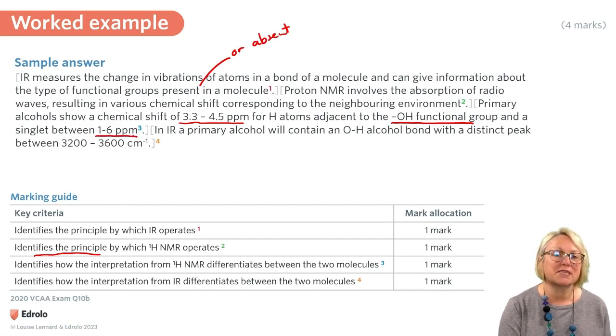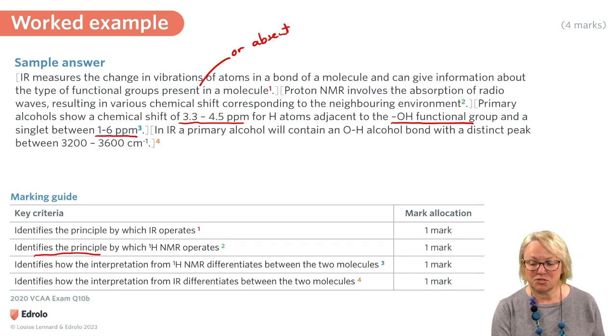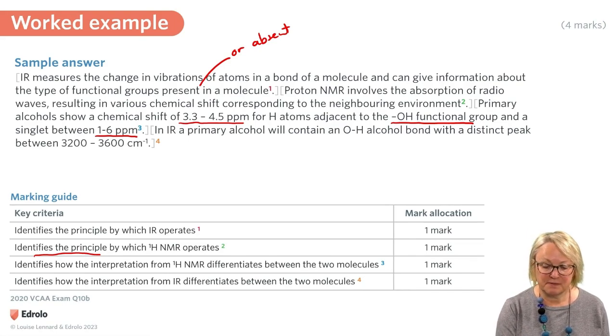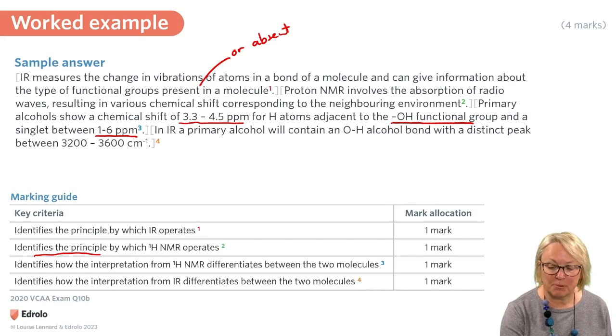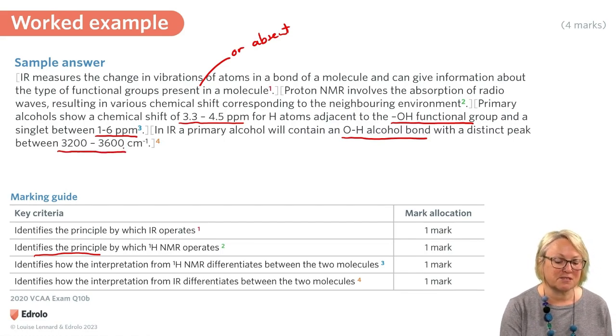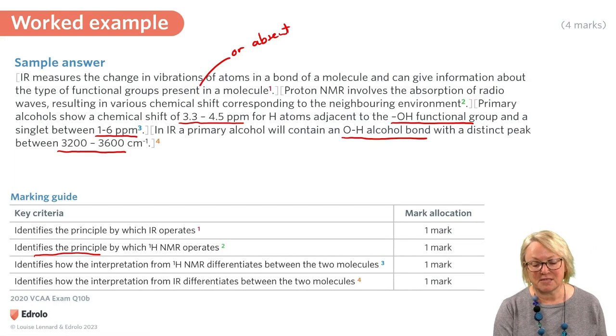So that's using data from the data book to explain how NMR would be used. In IR, a primary alcohol will contain an O-H alcohol bond with a distinct peak that's quite broad between 3,200 and 3,600 centimetre minus 1, and that's referring to data from the data book. So as long as you've got 4 pieces of information, there are many ways of answering this question.